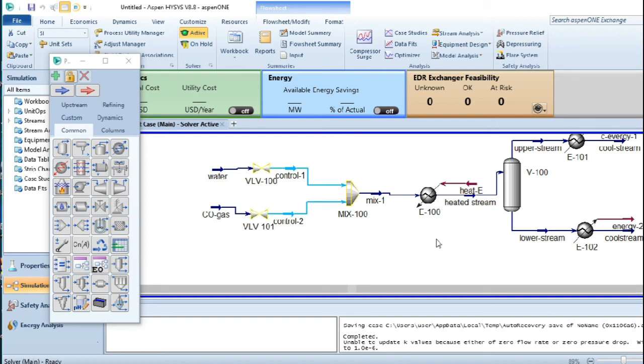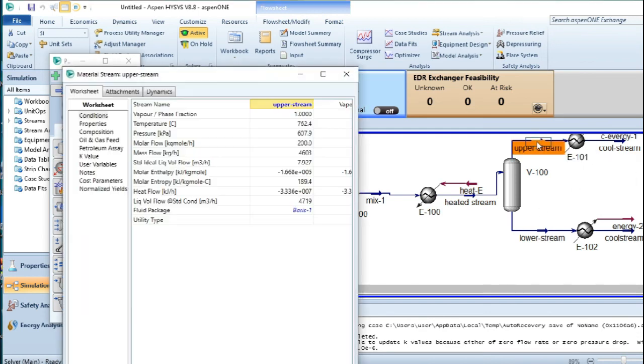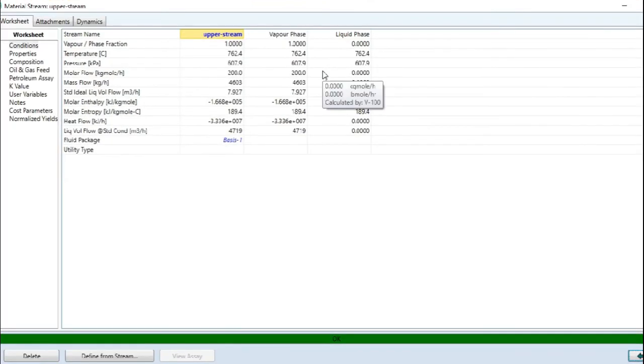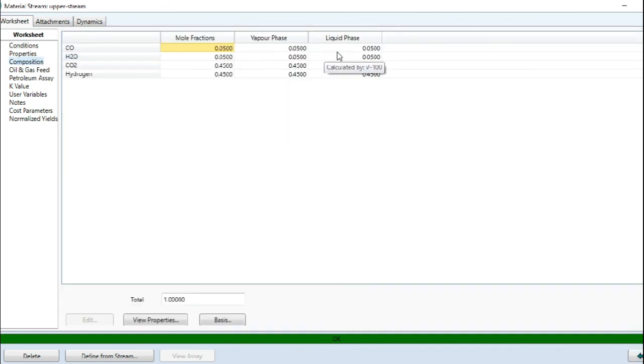So let's check the material stream for the upper stream. Let's see what we obtained from the equation of state. Let's see the composition at the upper stream.